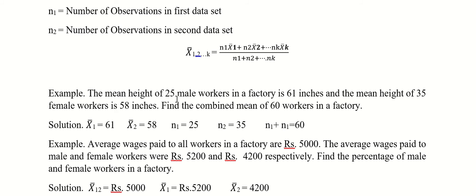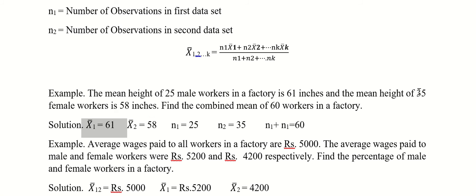So n1, the number of males, is 25, and the mean height of male workers is 61. So x bar 1 is 61. Similarly, we will see the mean height of female workers.